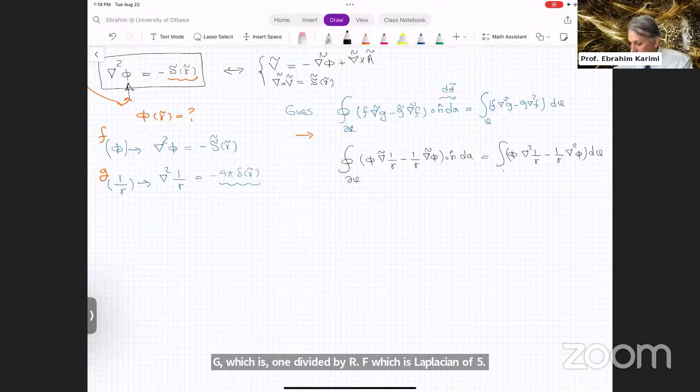Okay, that's on a volume. Yes, dV is fine. Now I will simplify this.